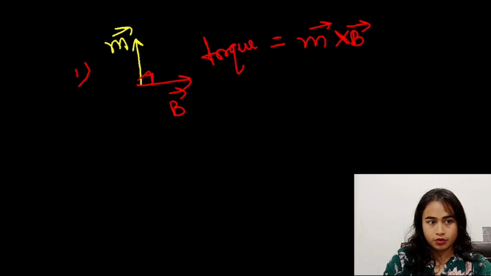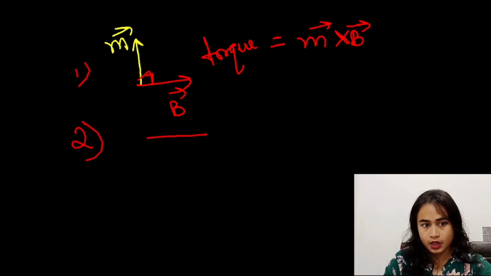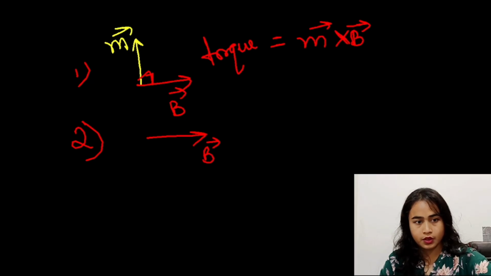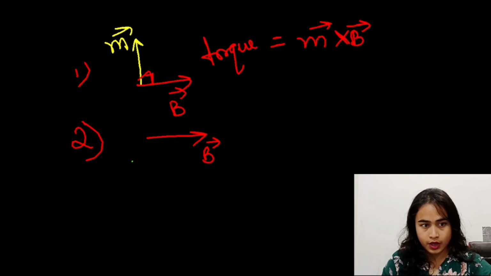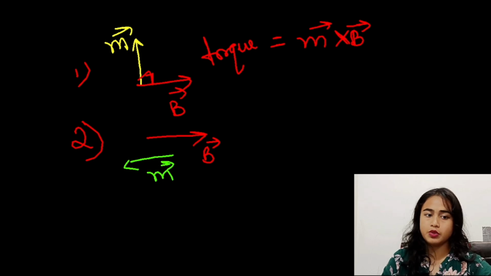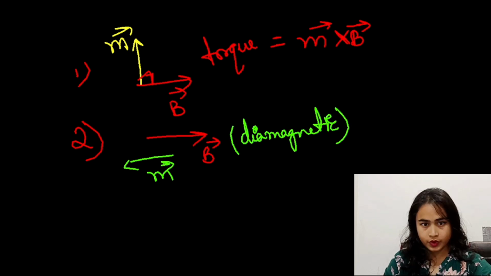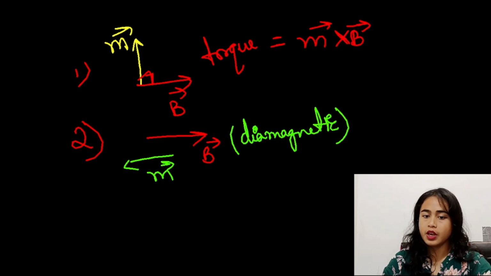Another concept I would like to share with you: just now we have seen, if this is your magnetic field line and the magnetic moment is in the opposite direction, it is always repulsive in nature.